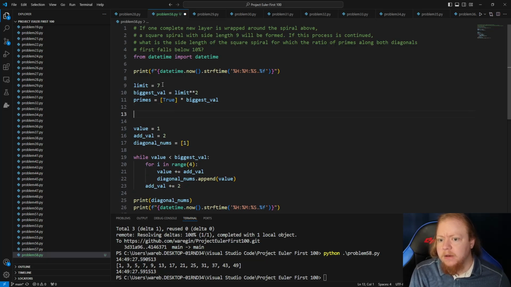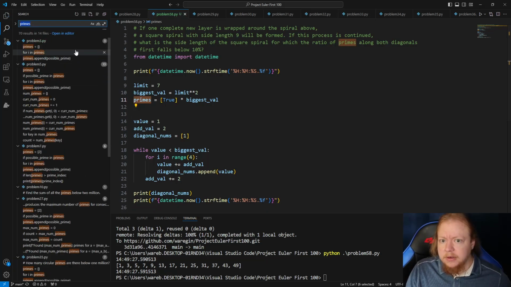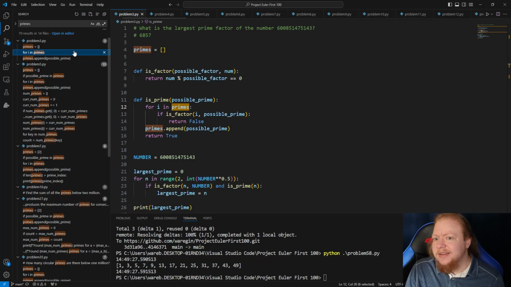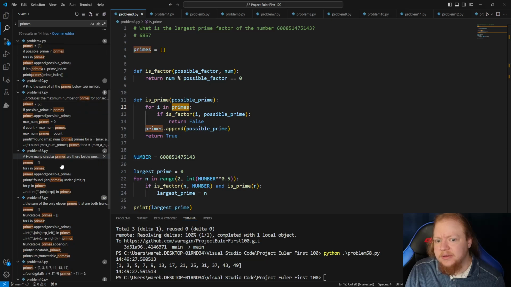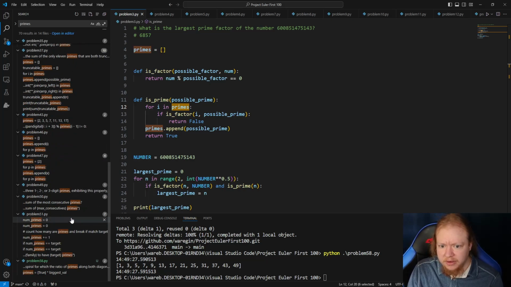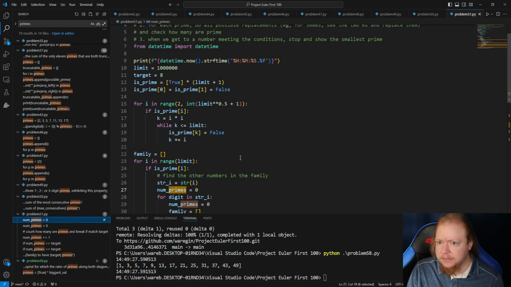And then I'm going to have to look up how I've done this primes thing in the past. Let's look at how I did it most recently. Okay, so I want to do this +1, I'm sure.